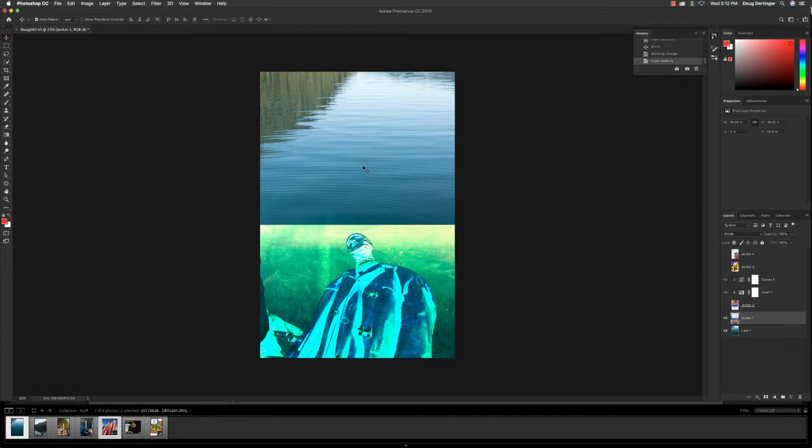So I like the way that looks, and I also like the interaction as those two blocks of image sit on top of each other.